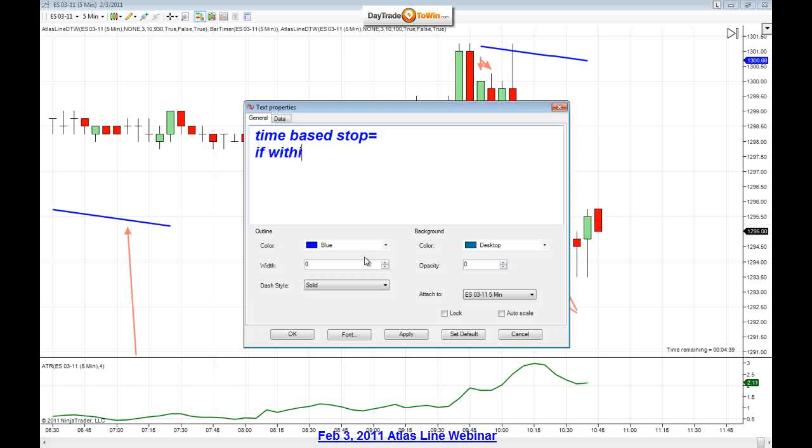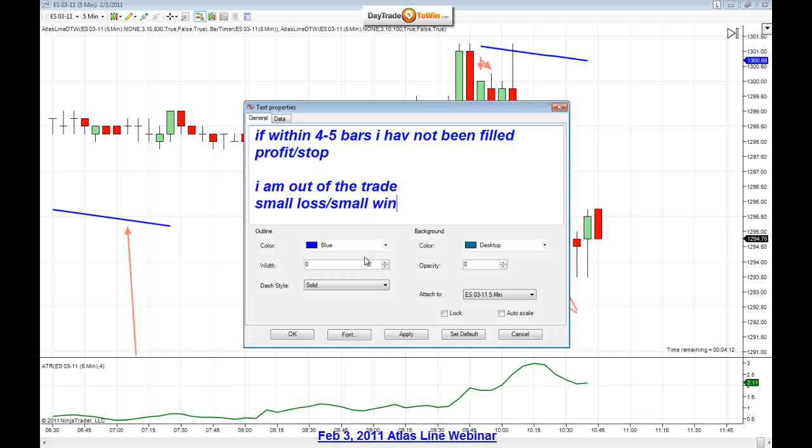If within 4 to 5 bars I have not been filled, profit or stop, I am out of the trade. Small loss, small win, or break even. You're out.